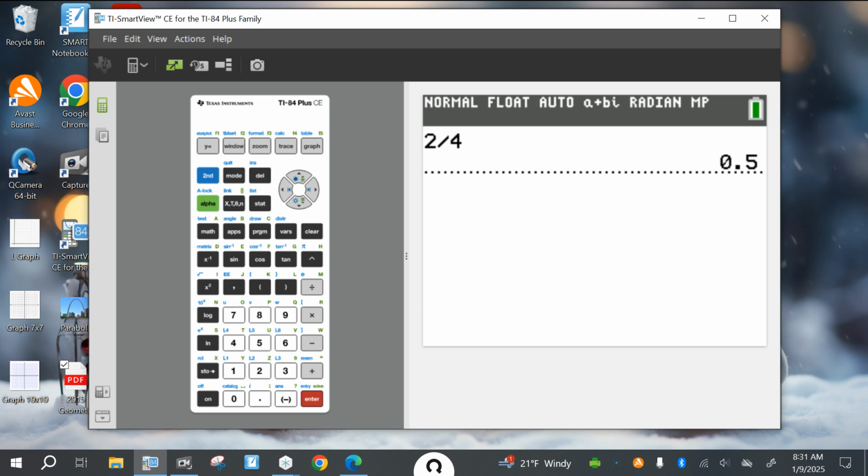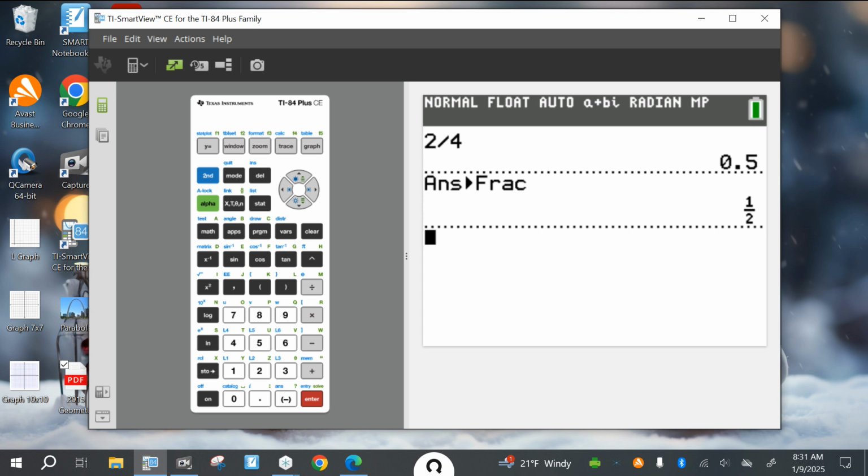Or, does anybody know how to change that into a fraction with your calculator? Math, enter. Yep. Math, enter will make it a reduced fraction for you. That's a big thing you want to make sure that you know how to use. So once you divide it out, hit math, enter, and that will give you that reduced fraction.